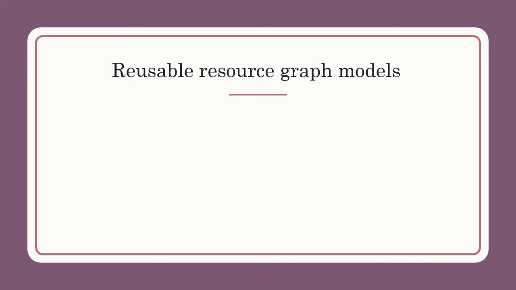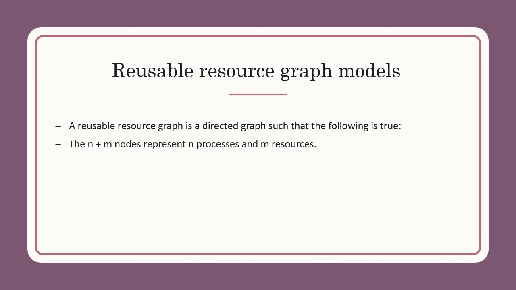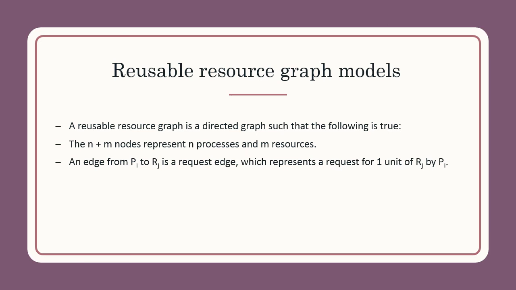Reusable resource graph models. A reusable resource graph is a directed graph such that the following is true. The n plus m nodes represent n processes and m resources. An edge from Pi to Rj is a request edge, which represents a request for 1 unit of Rj by Pi.